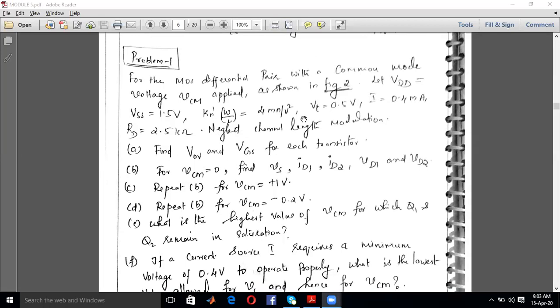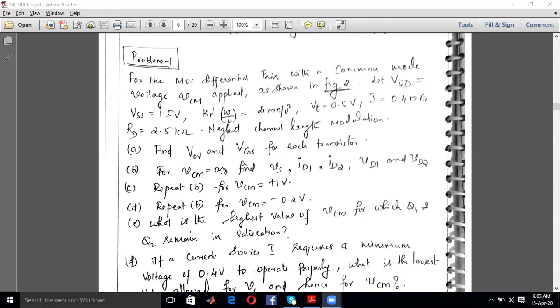Now coming to the second part of the question. VCM is equal to 0. That is, you have set the common mode input as 0 volts, and we have to check whether this particular value of input voltage comes under the common mode range. We have already set a limit, VCM max and VCM min.